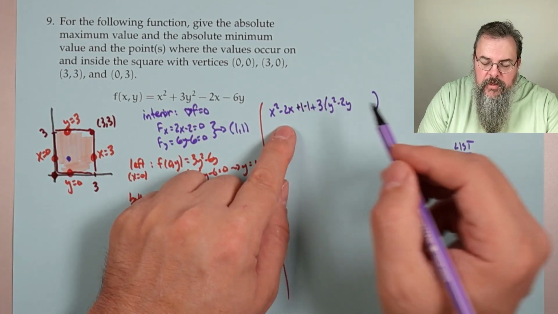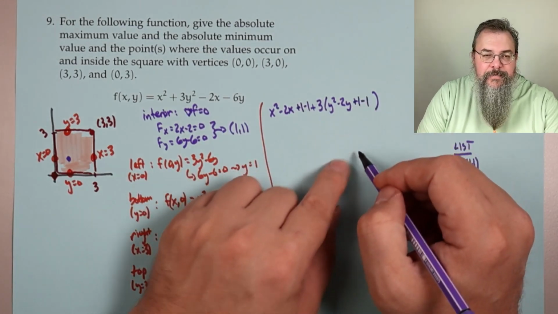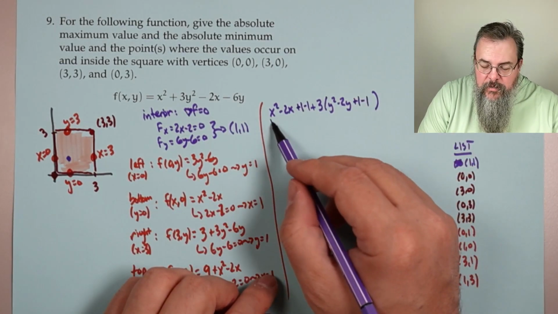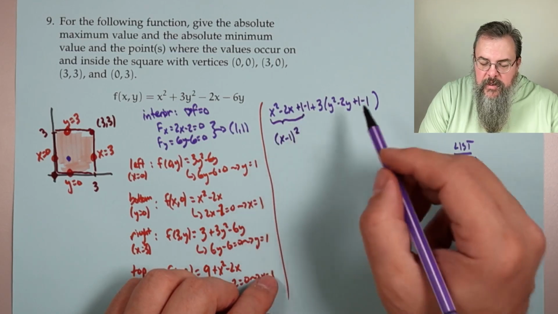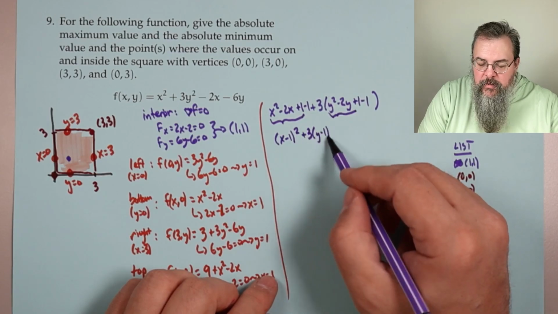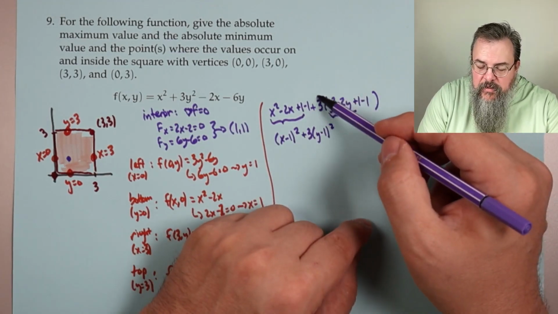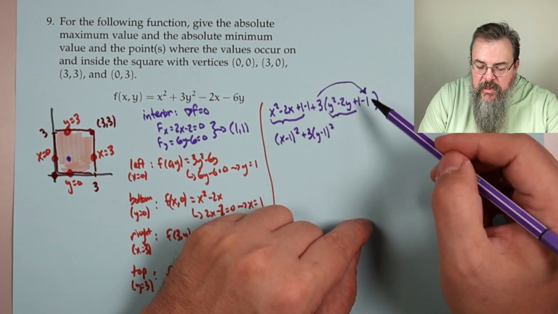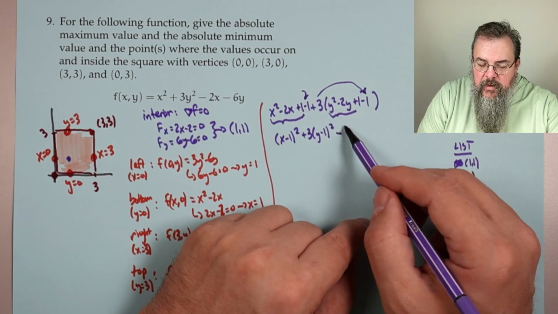If we add 1 and subtract 1, similarly y squared minus 2y, add 1, subtract 1, and lo and behold, what do we get? We get x minus 1 squared plus 3 times y minus 1 squared. And then notice, we have a minus 3 and a minus 1, so that makes a minus 4.